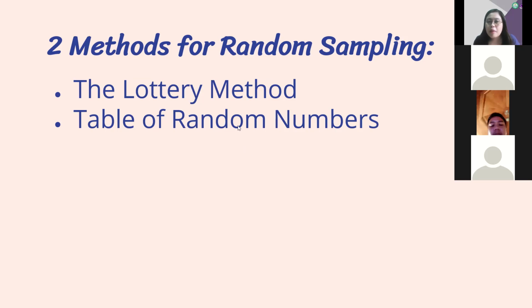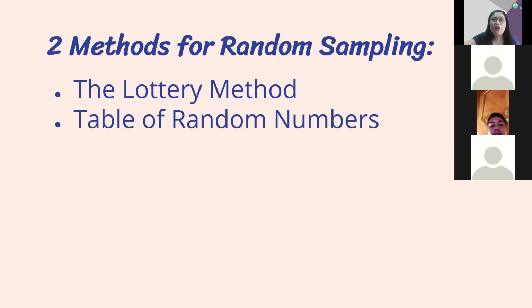Or you will have table of random numbers. Meron kang table, randomly nakasulat yung mga numbers dyan. Numbers lang ang makikita mo, but actually you will have a control here na yung mga numbers are just representing the names of the members of the population. And magdo-draw ka rin ng mga numbers mo.